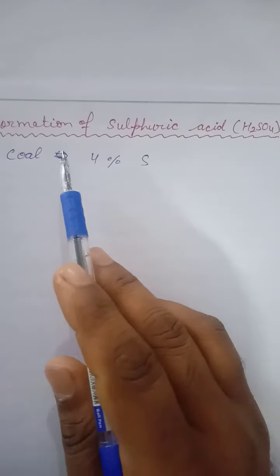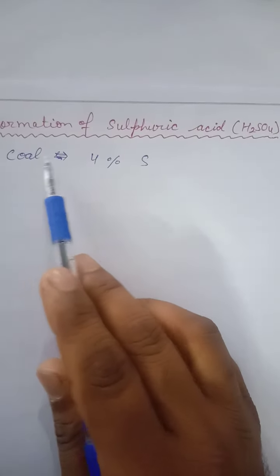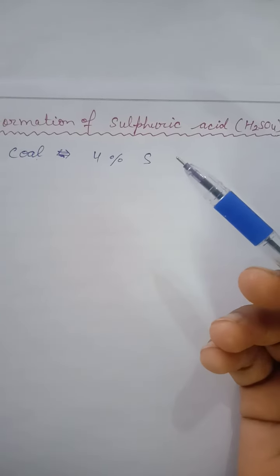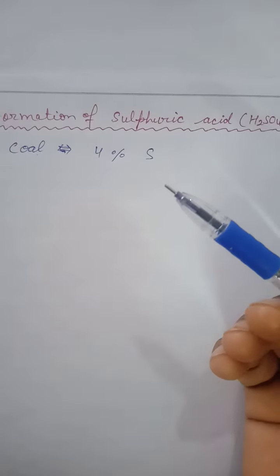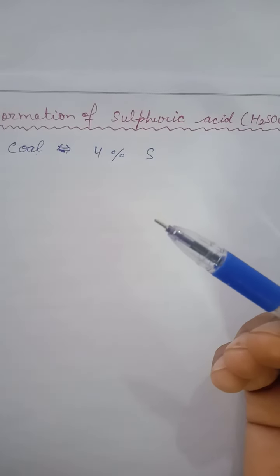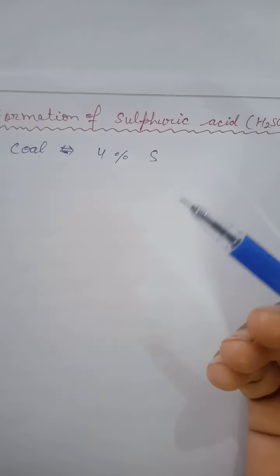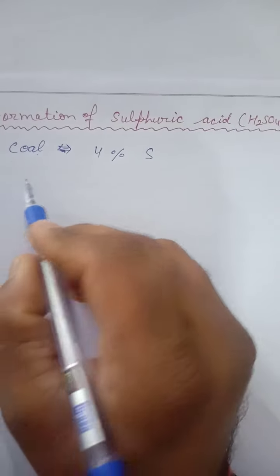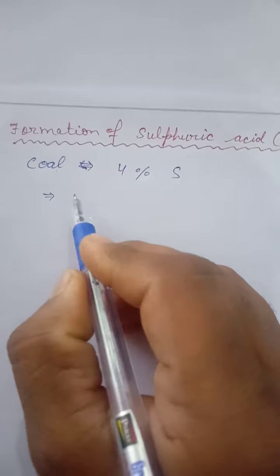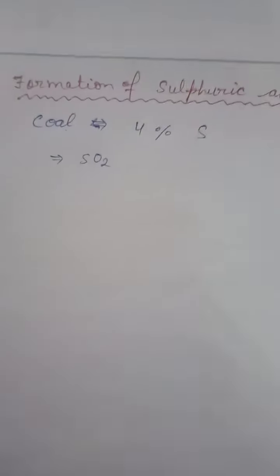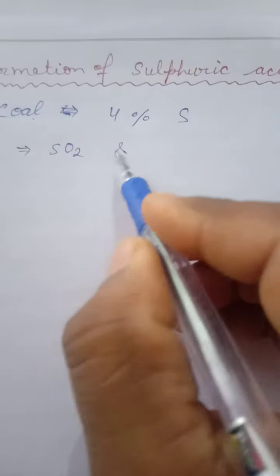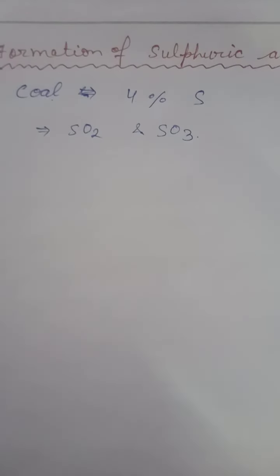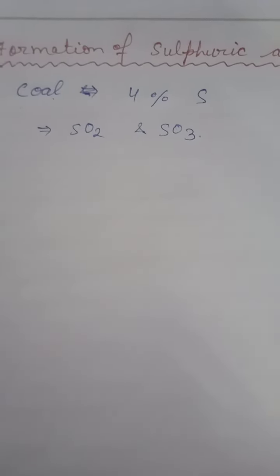After combustion of coal, as well as petrol or diesel and compounds of copper, zinc and lead, they produce sulfur dioxide, SO2, and sulfur trioxide, SO3.